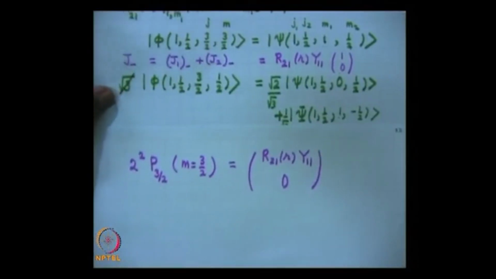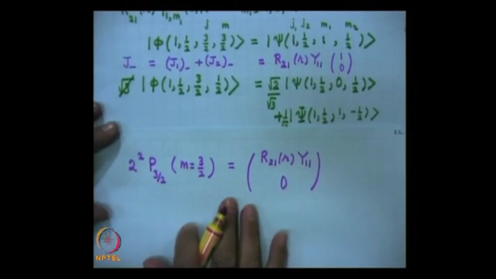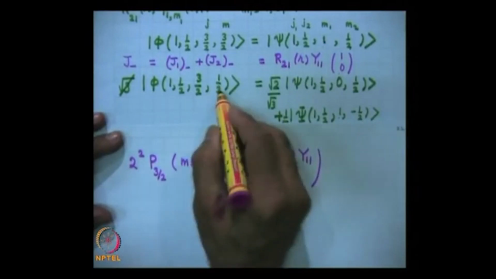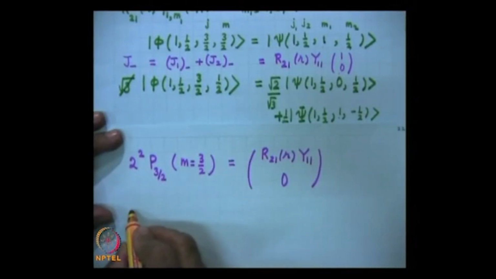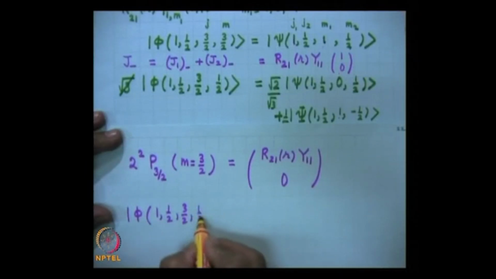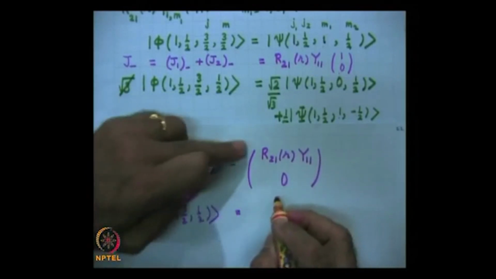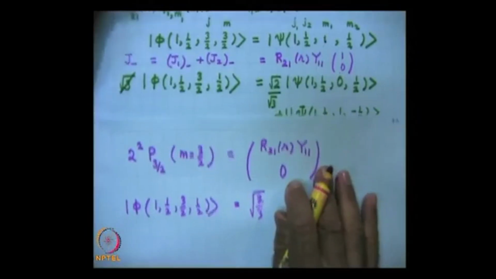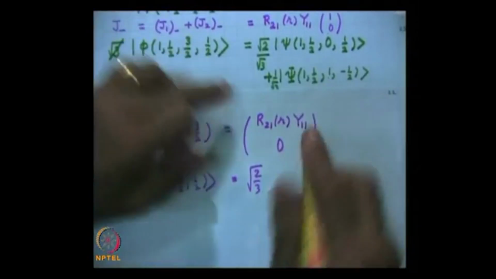Let me do the second case. This is the Pauli wave function corresponding to M equal to half. So the phi function corresponding to 3 halves, half will be, the Pauli wave function will be square root of 2 by 3, please see this, 1 0.